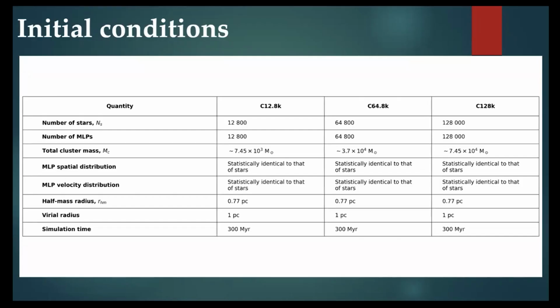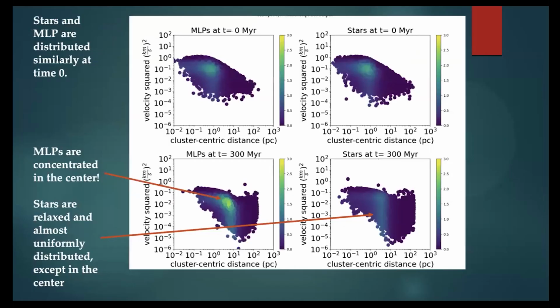We ran this for 300 mega years, trying to understand what happens with different densities. Different density means more encounters in this case, so we expect more exchange. What happens?